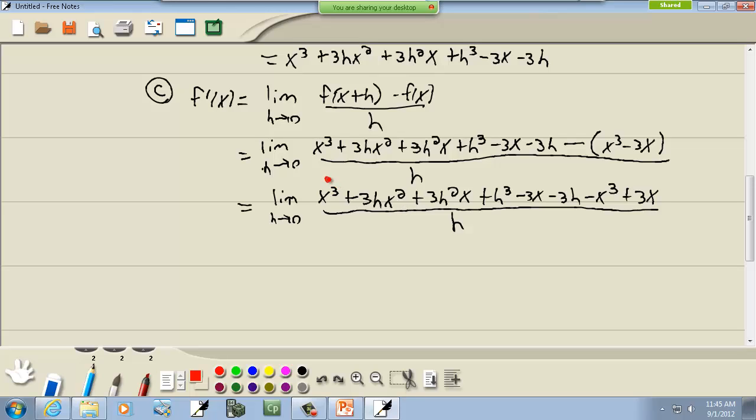We got x to the third minus x to the third. Those are going to cancel. We got negative 3x plus 3x. Those are going to cancel. I think those are the only like terms. So we've got the limit as h goes to 0 of 3h x squared plus 3h squared x plus h to the third minus 3h, all over h.